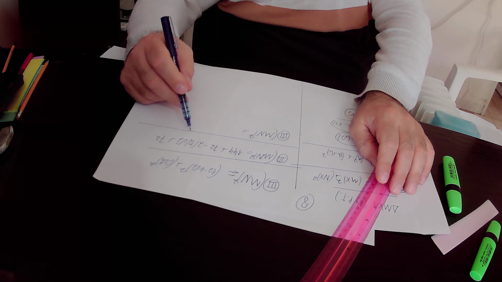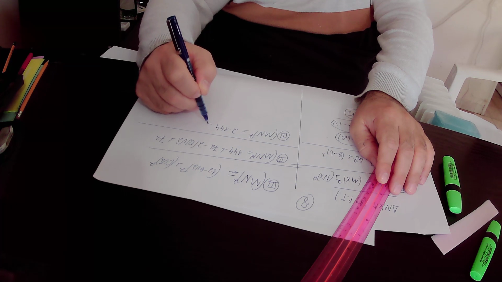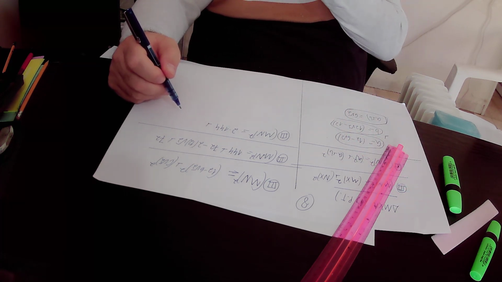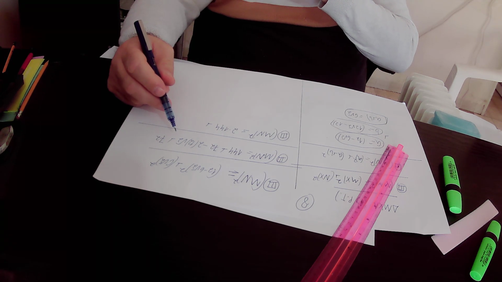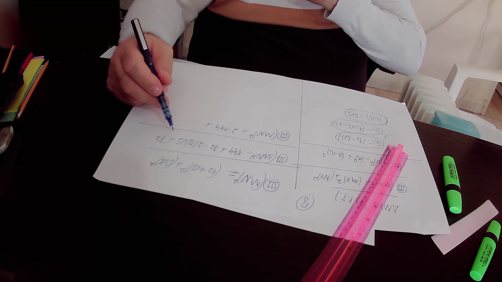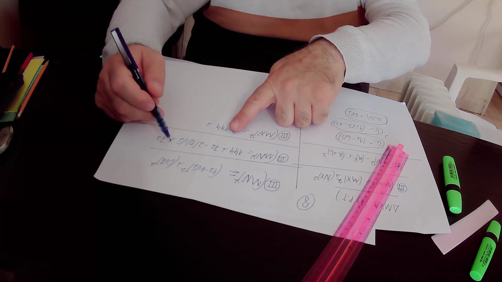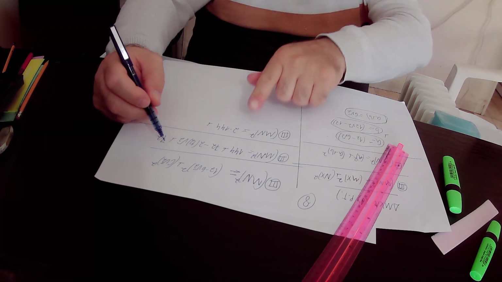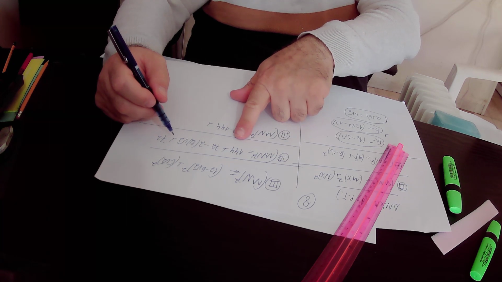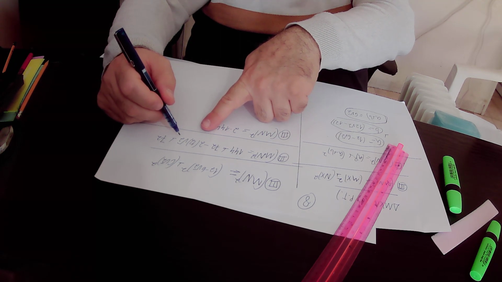144 plus 144 is 2 times 144 plus, we have here, it is actually, we got here a squared plus b squared minus 2 times a times b.